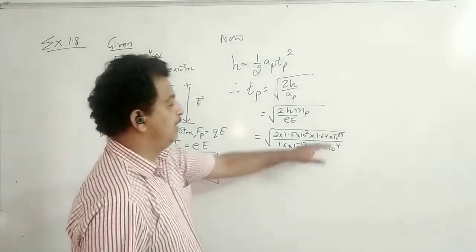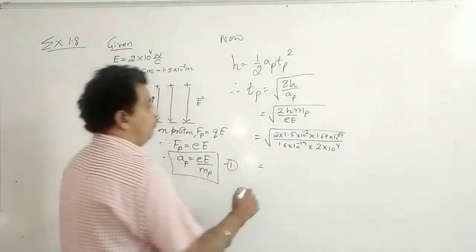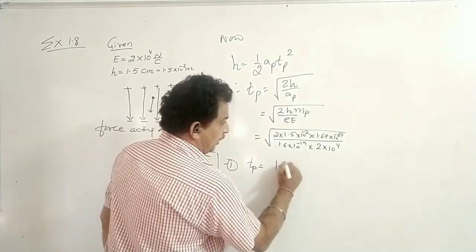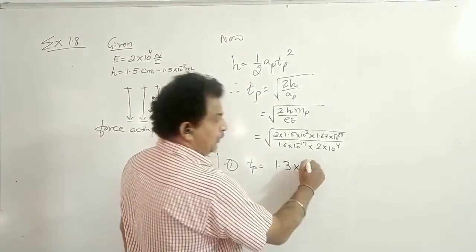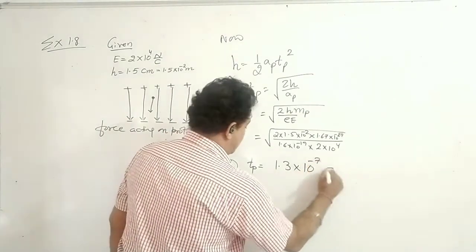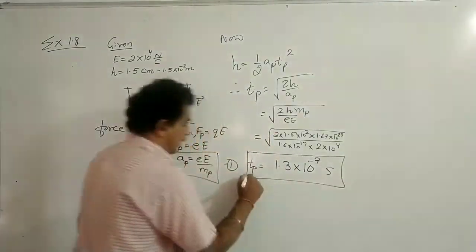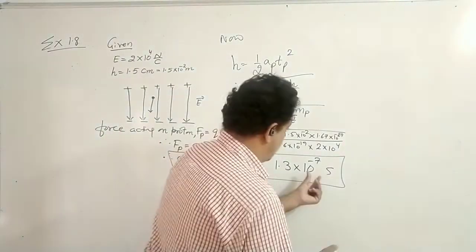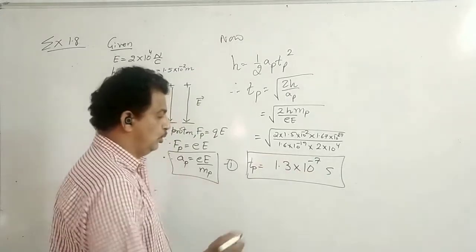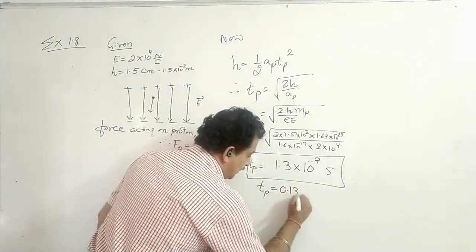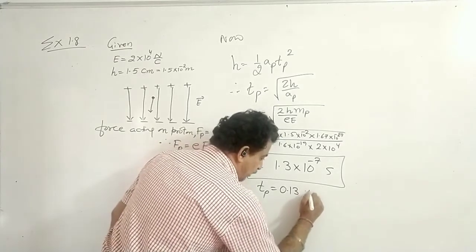Again, equating the powers and the numerical values, you find that t_p comes out to be about 1.3 into 10 raised to minus 7 seconds. So this is the time taken by a proton. If it has to be converted into microseconds, then t_p can be written as 0.13 microsecond.